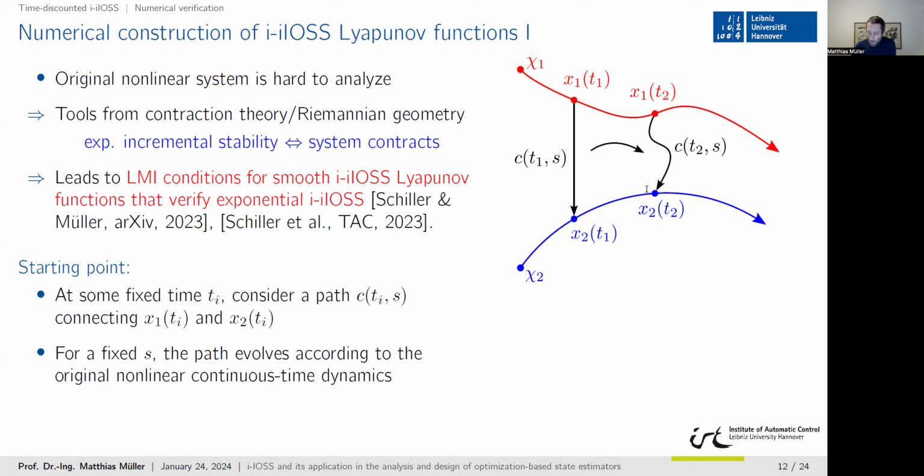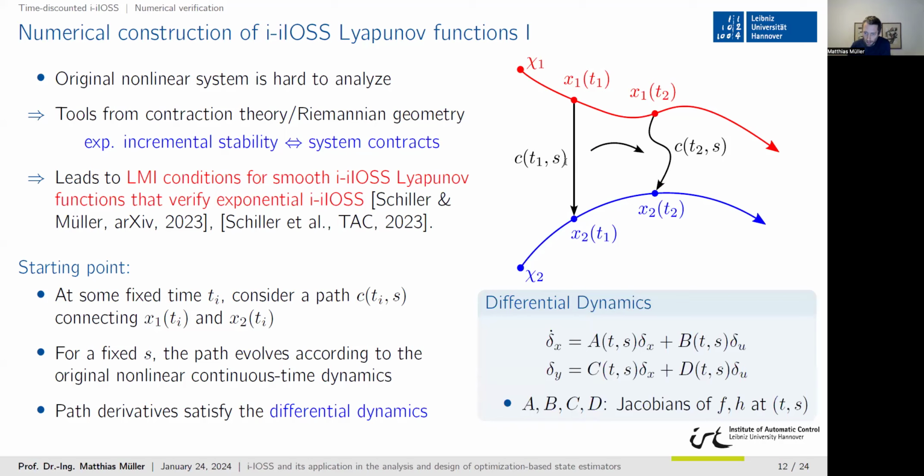Now, what I want to look at are the path derivatives, the derivative of this path with respect to the path variable s. So I need a continuously differentiable path to that end. Basically, I want to look at delta x, which is just the partial derivative of this path with respect to s, and also delta u and delta y, which are not shown here, but these are basically paths connecting the two input and the two output signals.